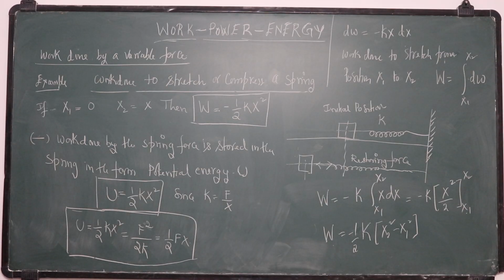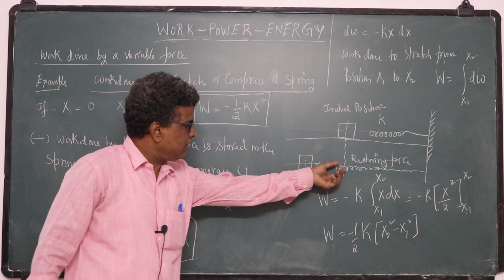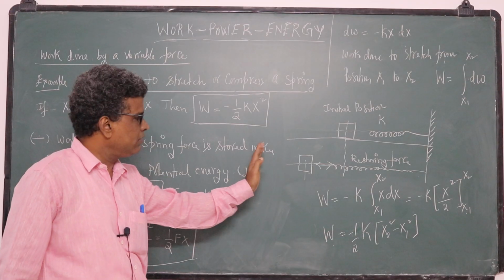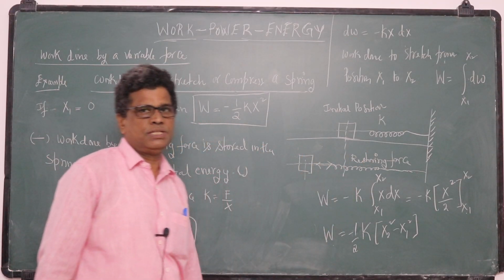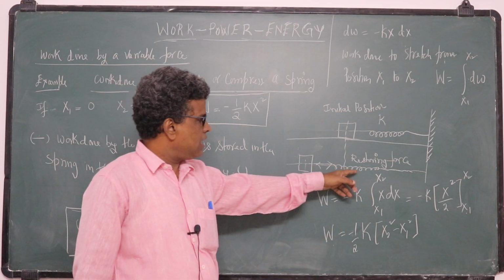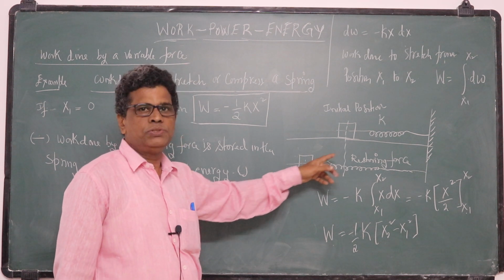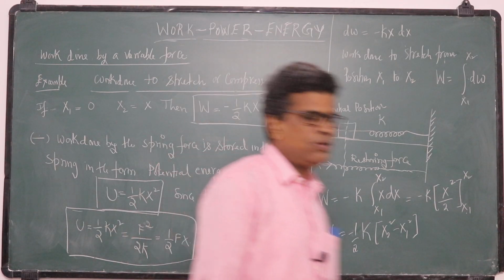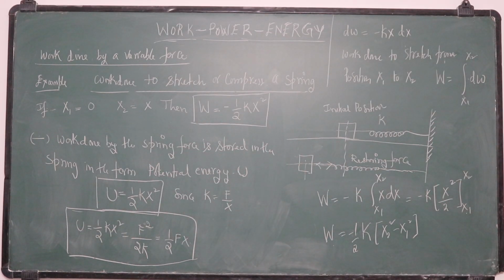Okay, this is the expression for potential energy stored in a spring. Suppose you pull like this and you leave it, it will restore its original position, because the spring has the capability to do work. So this work done is stored in the form of potential energy.